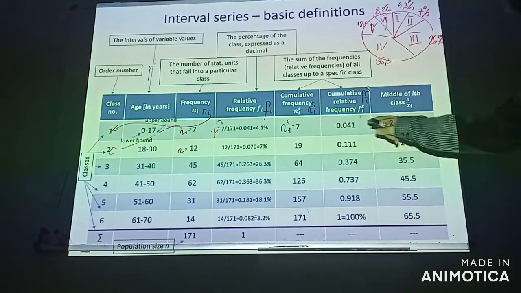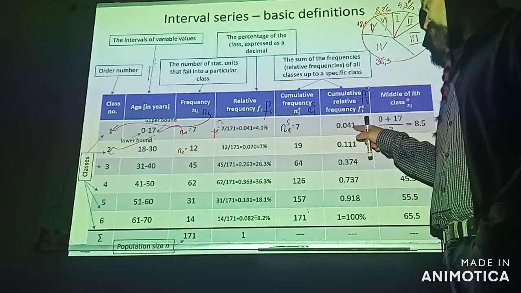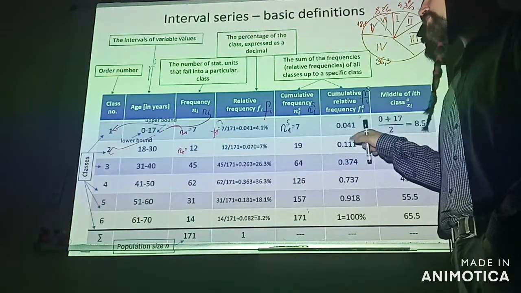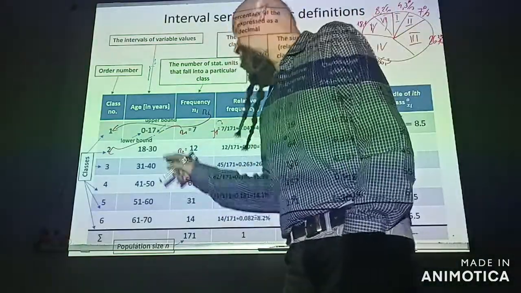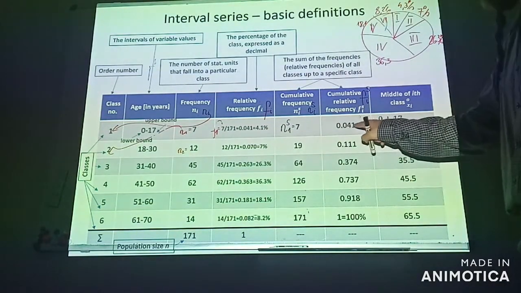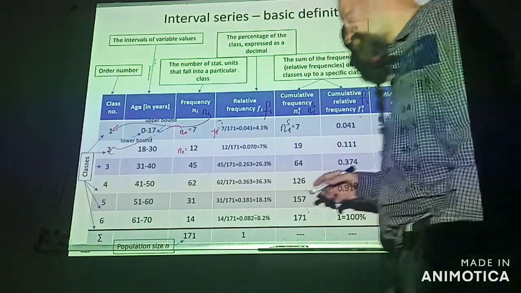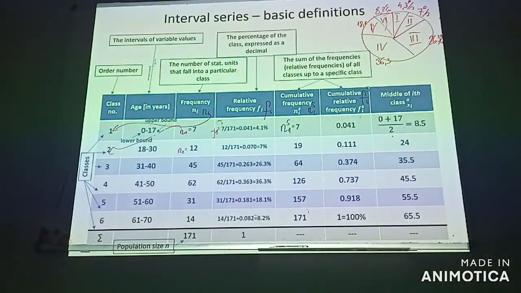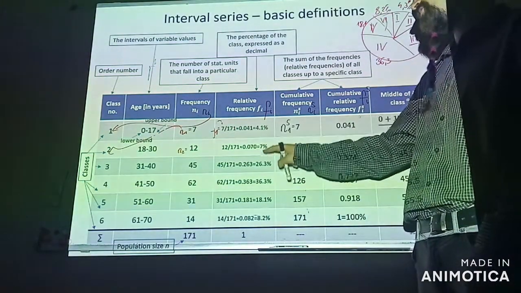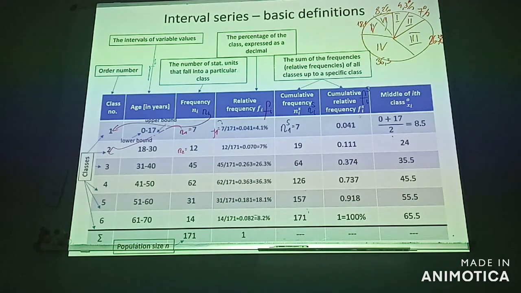The first row answers the question about the percentage of people who are not older than 17 years old: 4.1%. The percentage of people who are not more than 30 years old is 11.1%. This is a consequence of adding 4.1 plus 7, and so on.